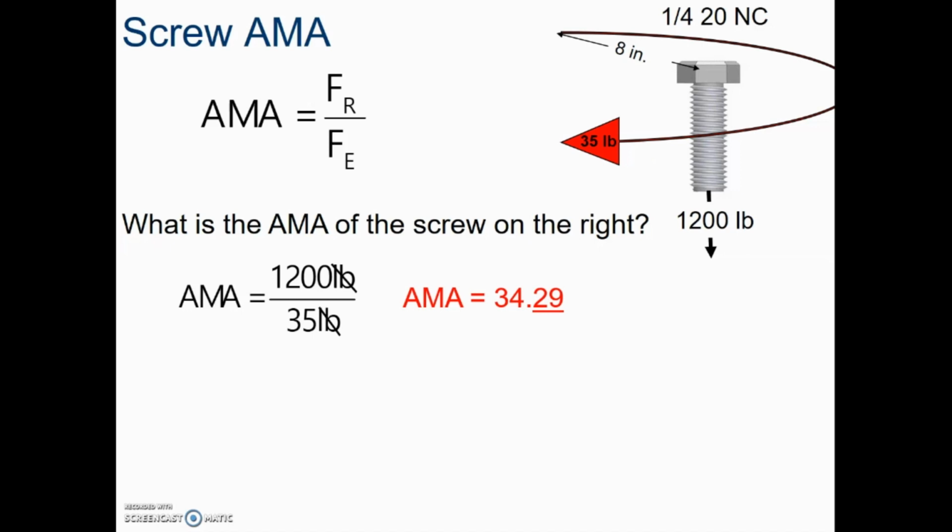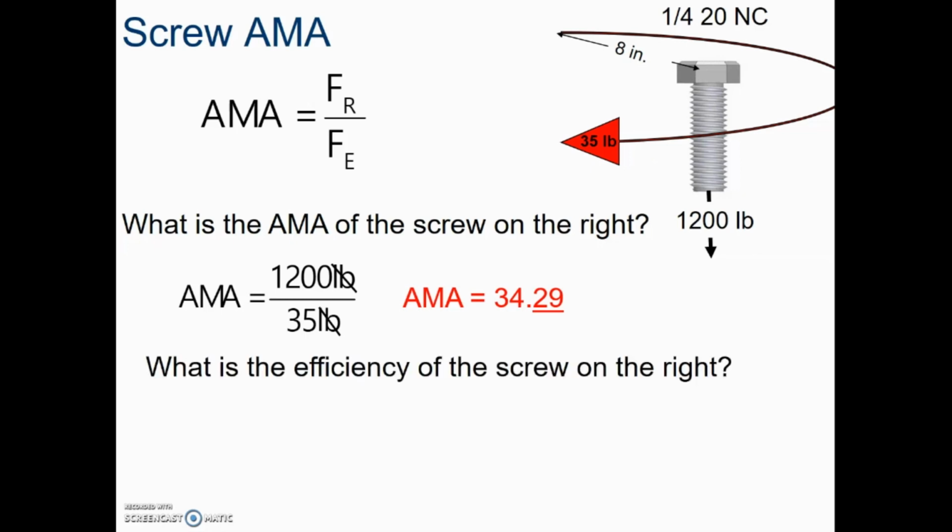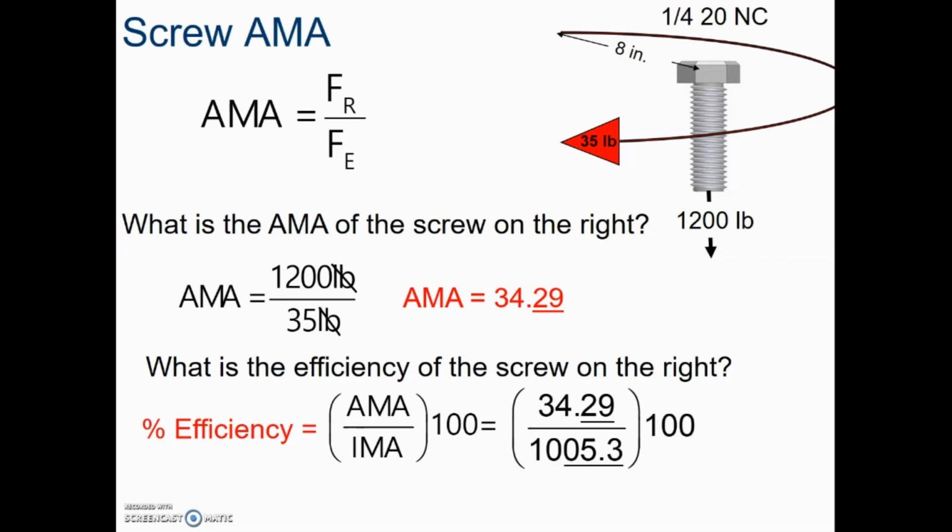So just to drive that point home, let's calculate the efficiency of our screw. So we've calculated the IMA before. We just calculated our AMA. So our percent efficiency is going to be the AMA that we just found divided by the IMA from the slide earlier times 100%. And that gives us a whopping 3.4% efficiency, which is ridiculously low. That is way low.